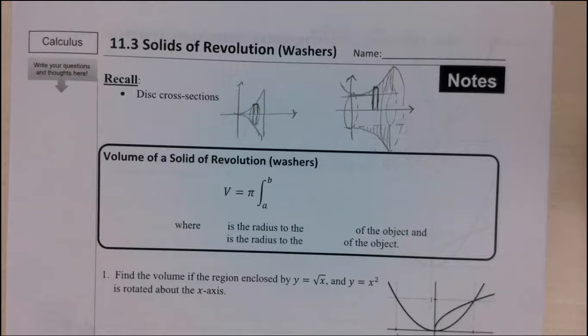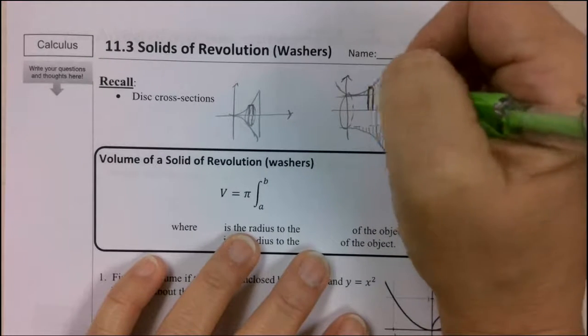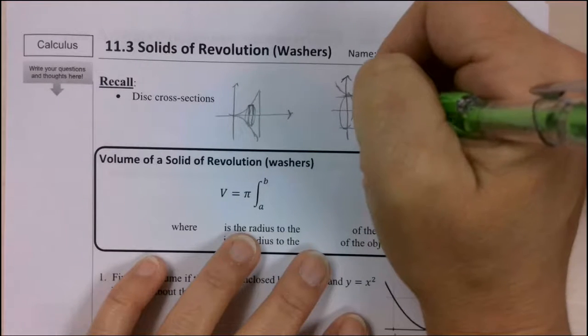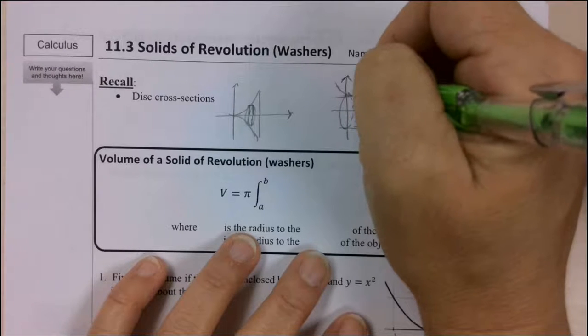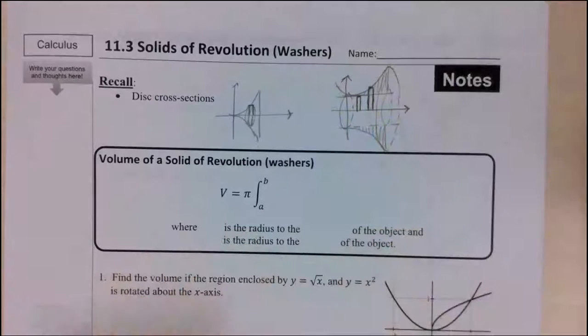If I imagine rotating that rectangle around the x-axis, of course that would be a solid cylinder. Then I'm going to start at the axis of rotation and draw a rectangle to the closest edge of the region. It's going to be a smaller radius. If I rotate that around, I get a cylinder, and that's the cylinder that we want to subtract out of the original solid.